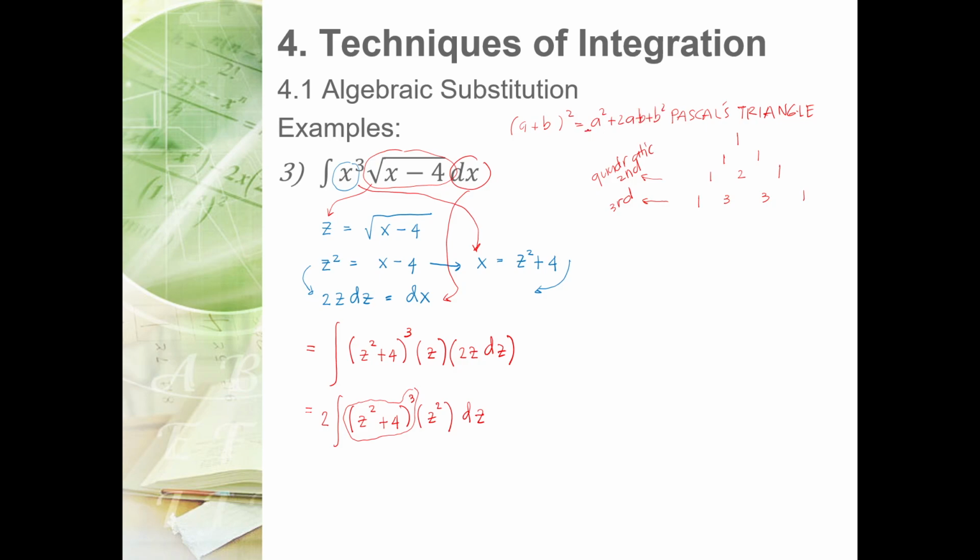So the coefficients are 1, 2, 1. Now if it's third degree, this would be a plus b cubed. So this would give us a cubed plus 3a squared b plus 3ab squared plus b to the power of 3.